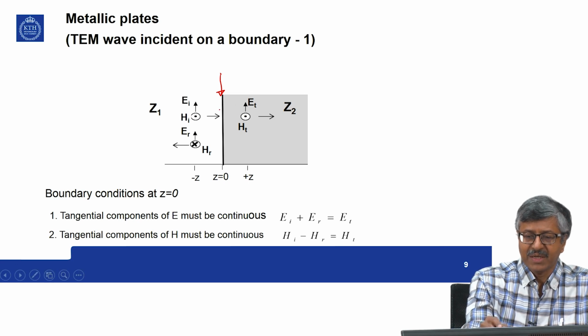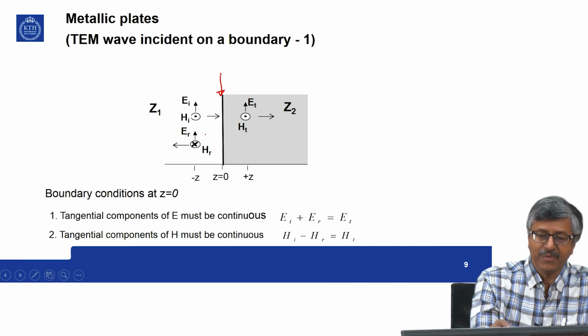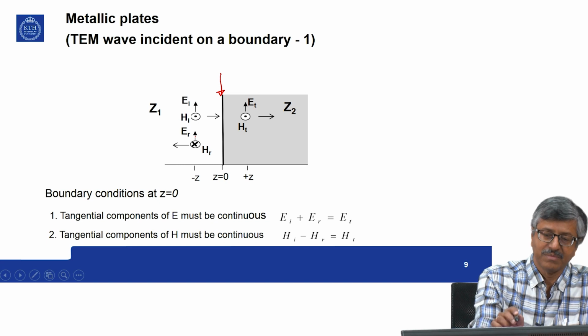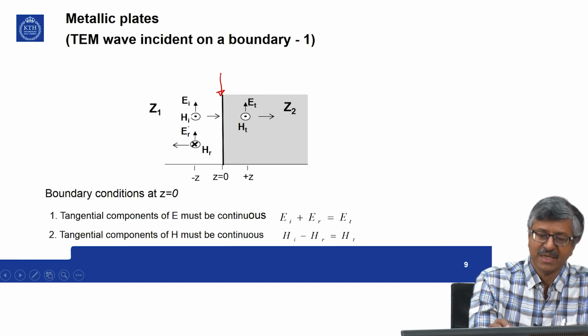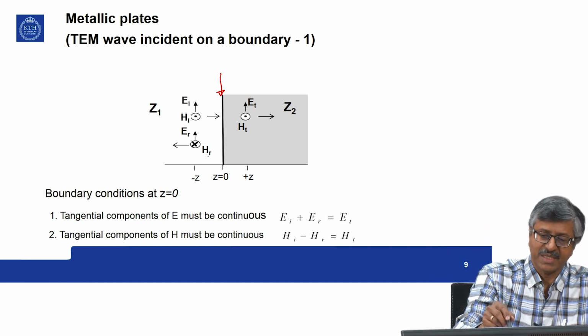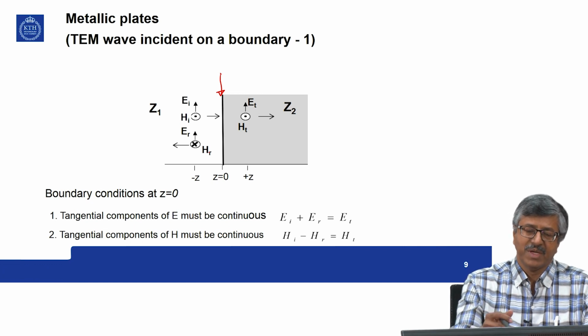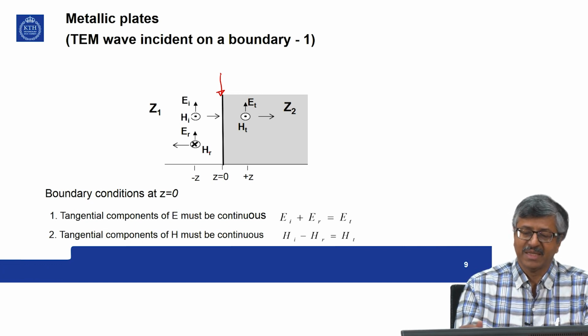Now, some part of it will be reflected at this boundary. Let us assume that the reflected wave is in the same direction, ER. So, this is the direction of propagation, and that also is TEM, and reflected magnetic field, let us say, is into the plane, opposite direction, HR, and later the signs will come out correctly, that we will see.